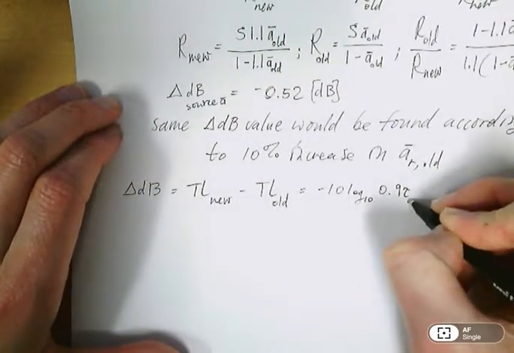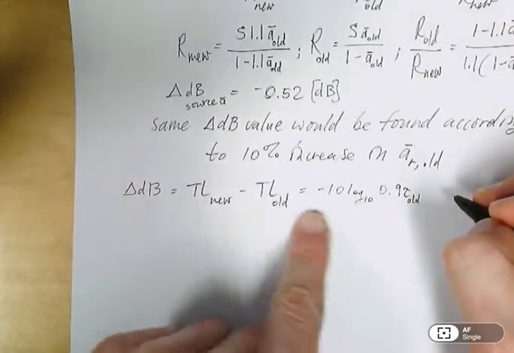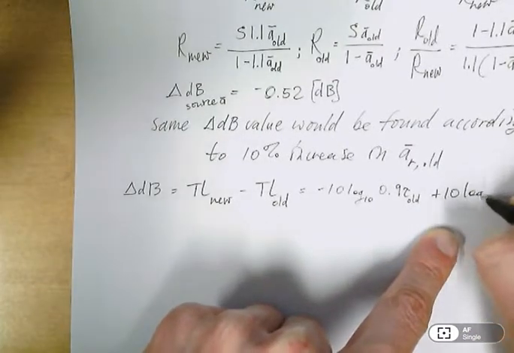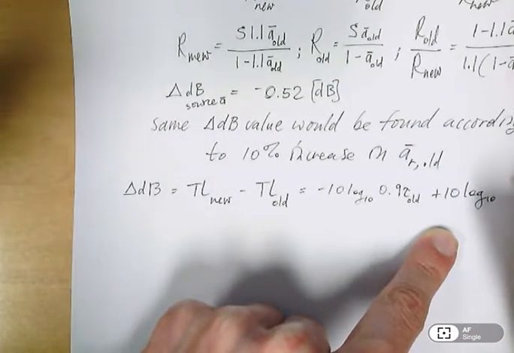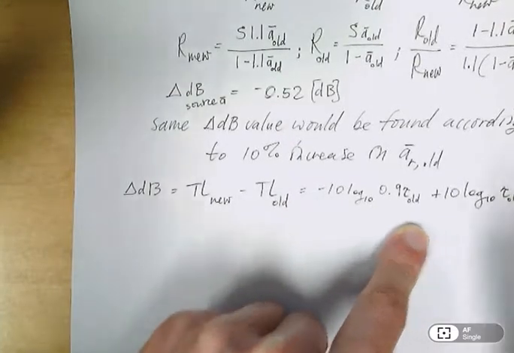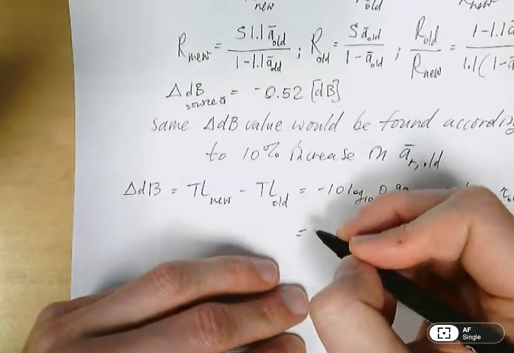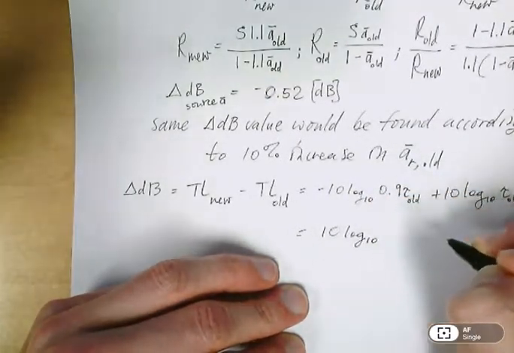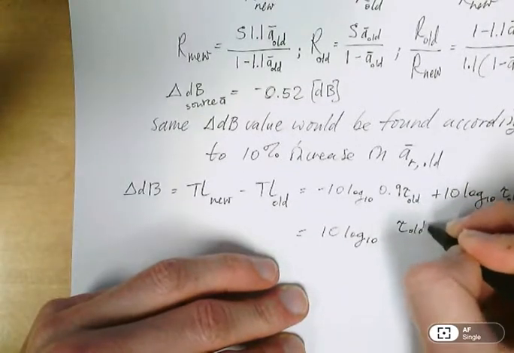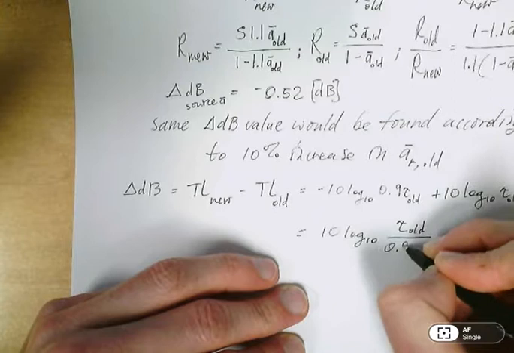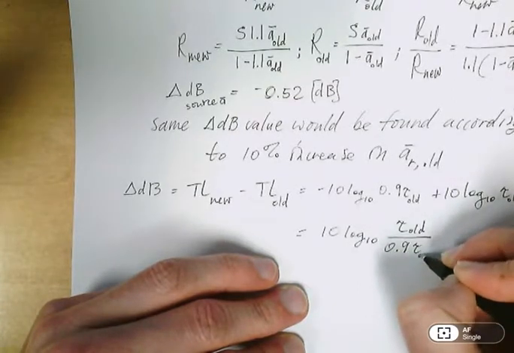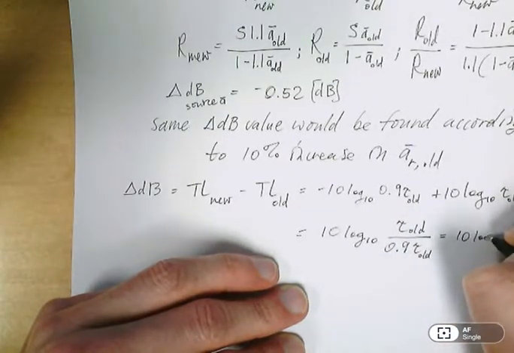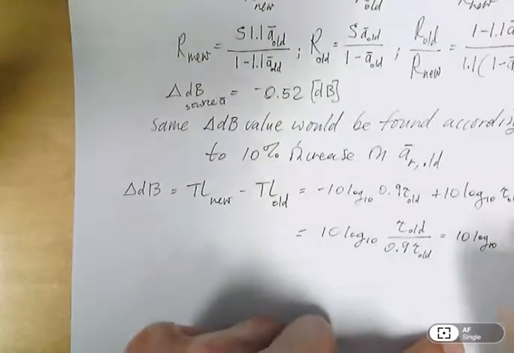And it's minus tau old, so these minuses will cancel, so that will be plus 10 log 10 of tau old. Due to the logarithms, this is easy enough to express as 10 log 10 of tau old divided by 0.9 tau old, which is just 10 log 10 of 1 on 0.9.